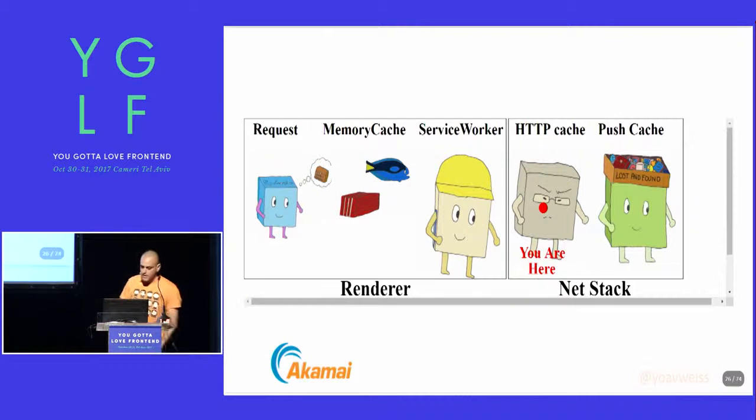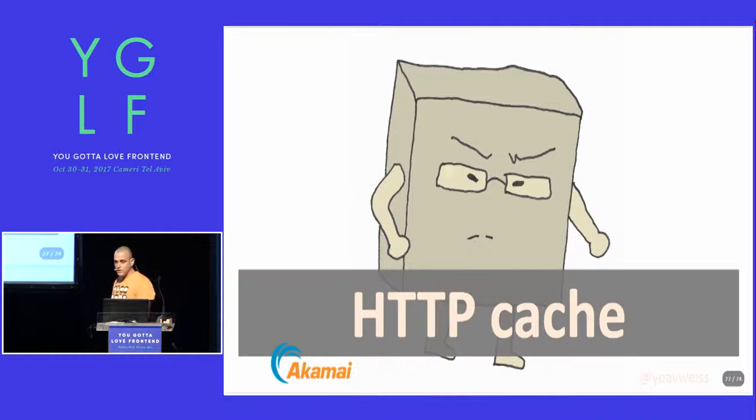And at the net stack, we find ourselves at the HTTP cache, which is a rather strict cache and follows HTTP caching semantics to the letter, and we'll soon discuss what that means exactly. It does, for example, allow mixed type matches, unlike the memory cache, and its logic is well-defined as part of the HTTP RFC.